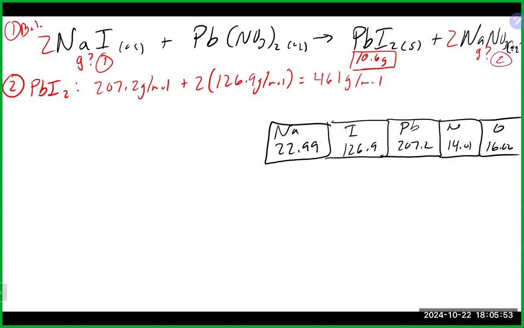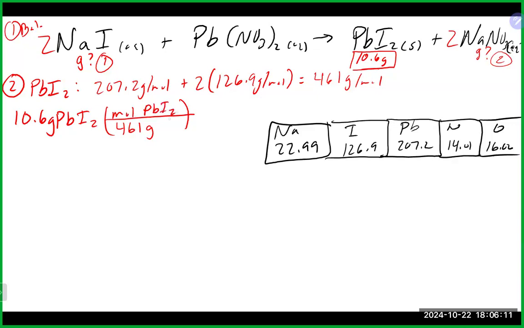So second step is take what they gave us, which is 10.6 grams of PbI2. We're going to use the molar mass from the periodic table to convert that into moles. So we really could use our stoichiometry relationship there, or our mole-to-mole relationship.